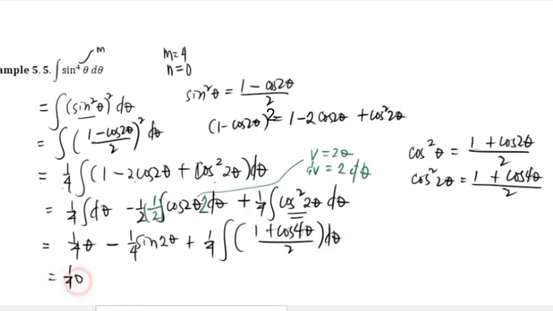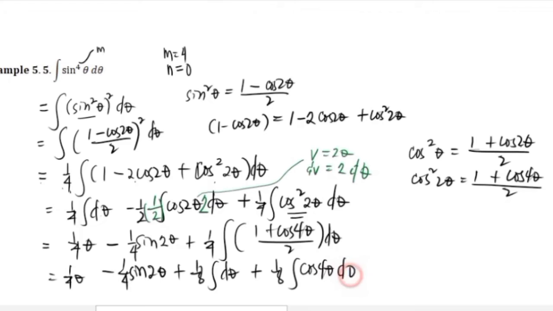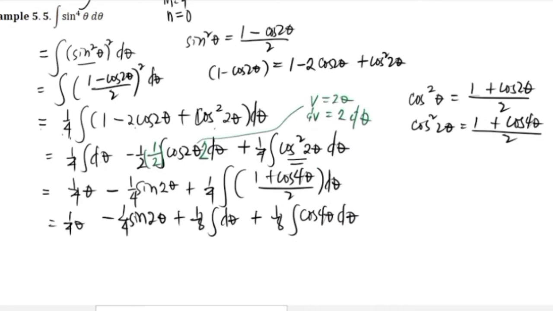So, we have here 1/4 theta minus 1/4 sine of 2 theta plus 1/8 integral of d theta plus 1/8 integral of cosine 4 theta d theta. So, this would be equal to 1/4 theta minus 1/4 sine 2 theta plus 1/8 theta.